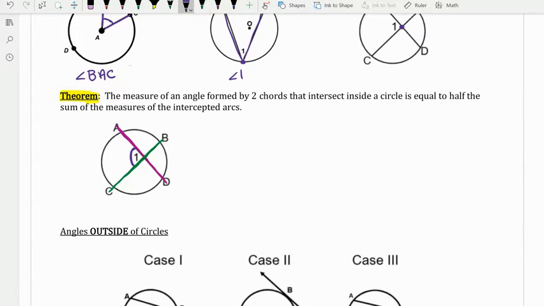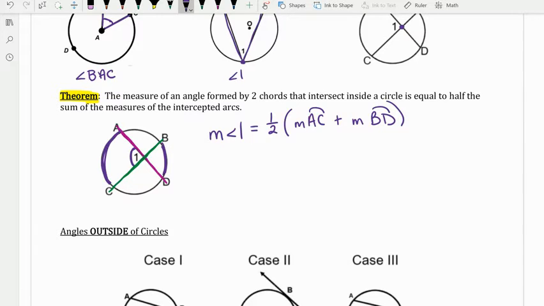One of the arcs intercepted would be AC, and the other arc intercepted is BD. So to find the measure of angle 1, I do half the sum of the measures of the intercepted arcs: 1/2 times the measure of arc AC plus the measure of arc BD, because those are the two that are intercepted.